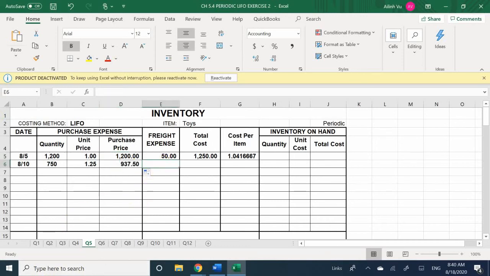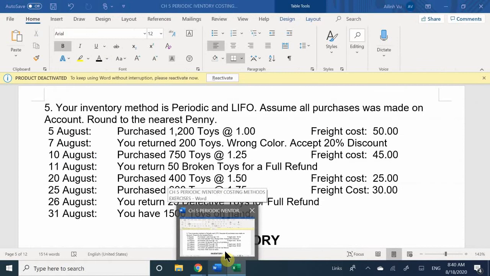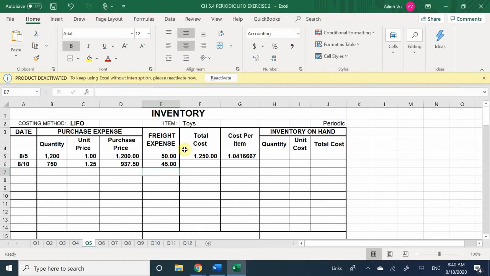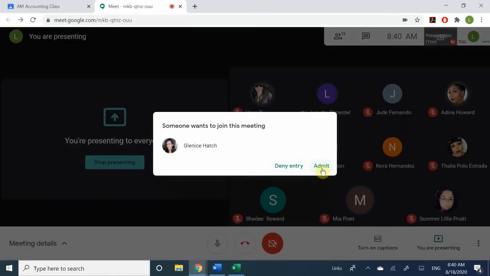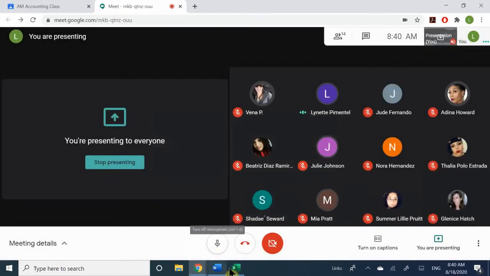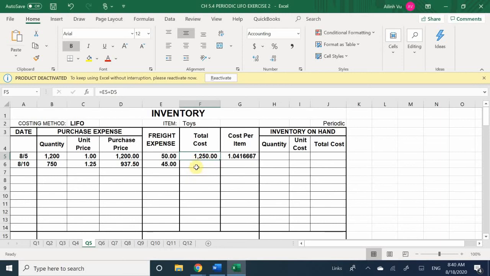I think the freight is $45. Let me see. 700 toys. Freight costs $45. $982.50.